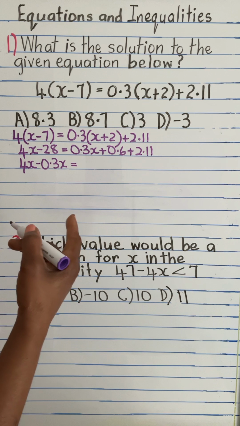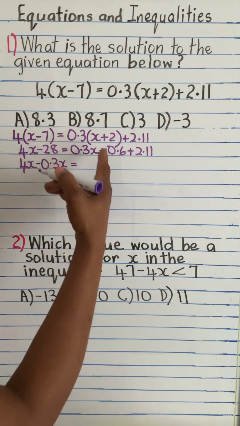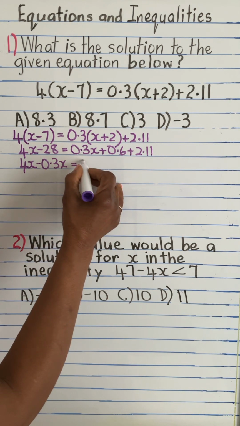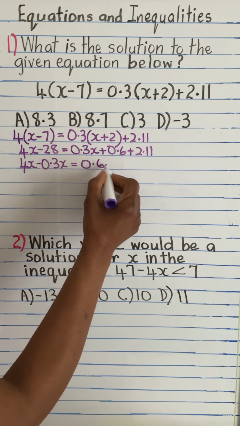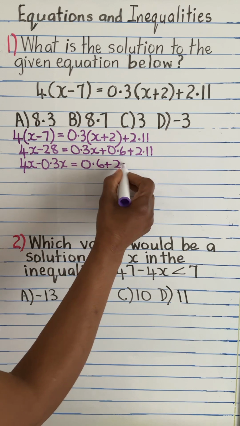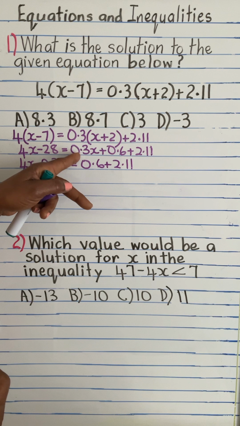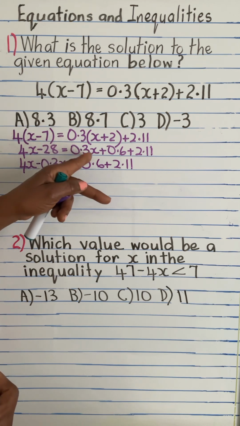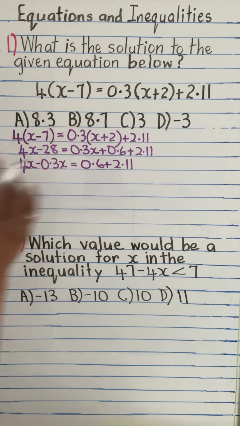We want to get all these numbers on this side. So we have 0.6 plus 2.11. Remember, the negative 0.3x cancels this, so we're only left with 0.6 and 2.11 on this side.